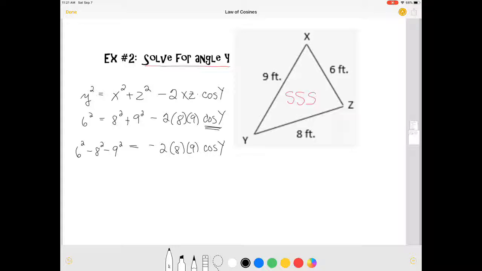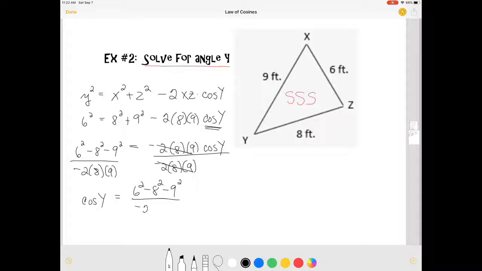And then I can divide both sides by these 3 factors. That will cancel, and I get the cosine of y equals 6 squared minus 8 squared minus 9 squared, which you can work out on the calculator. I'm just kind of moving a little faster here without having to multiply and square every single number.